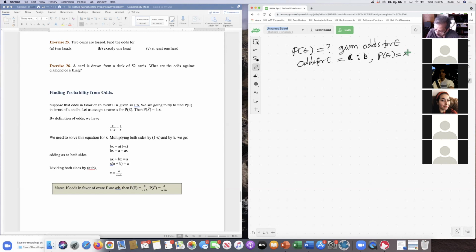So if I call the probability X, then I need to find a formula for X in terms of A and B. A and B are the given numbers. So if the probability of E is X, then probability of E bar, I can write an expression for it. What would that be?